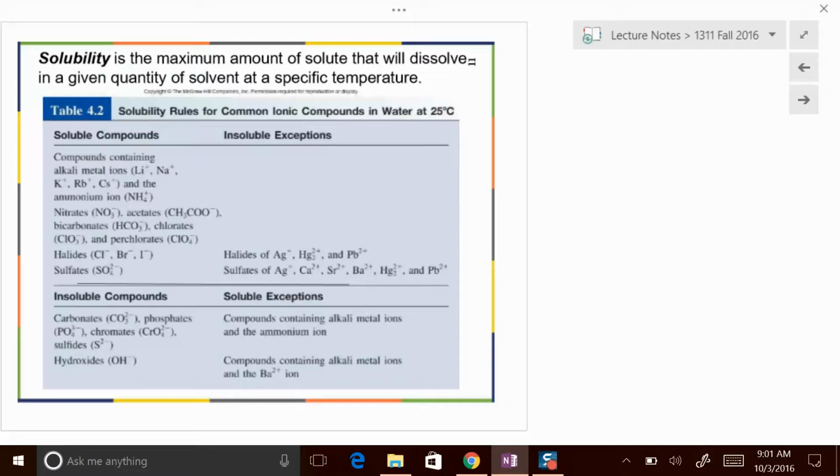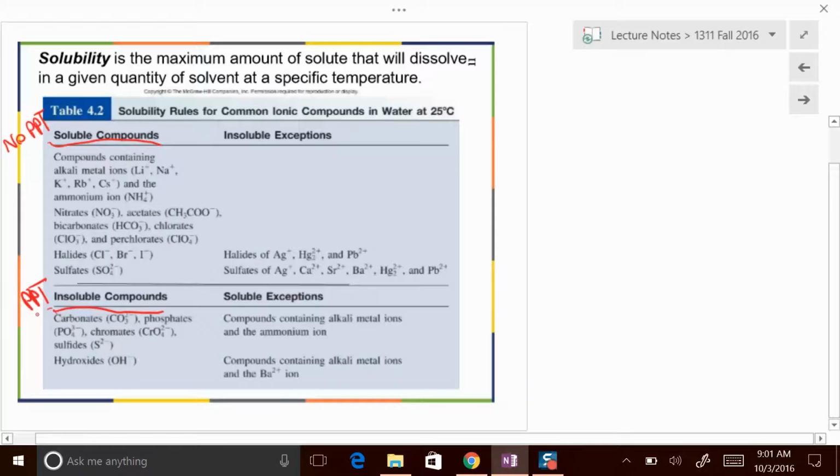All the things that would not form precipitates are these. These are soluble compounds. The things that would form precipitates are these. These are insoluble compounds. Soluble compounds, no precipitate. Insoluble compounds, precipitate.